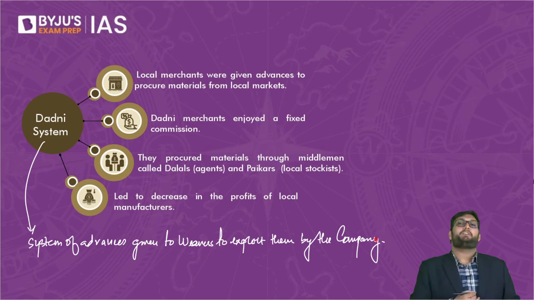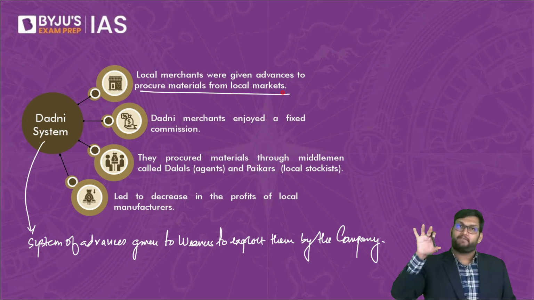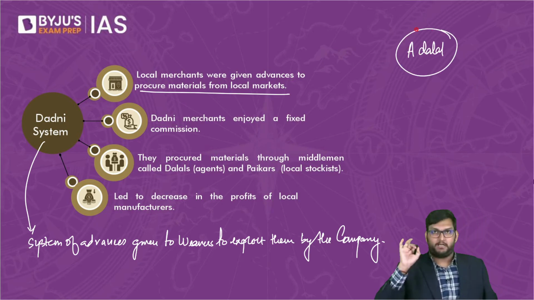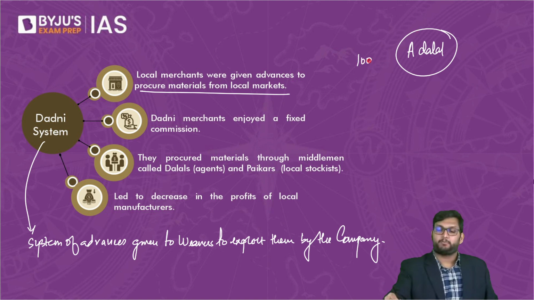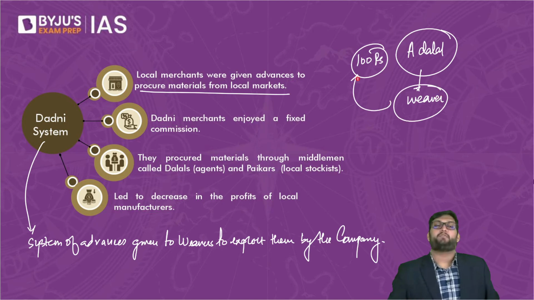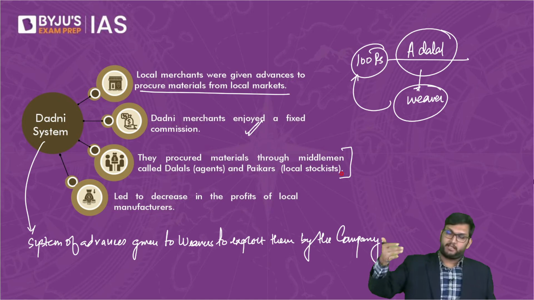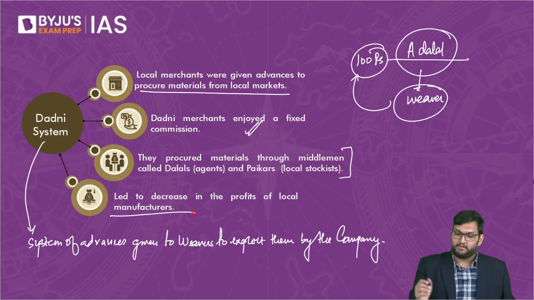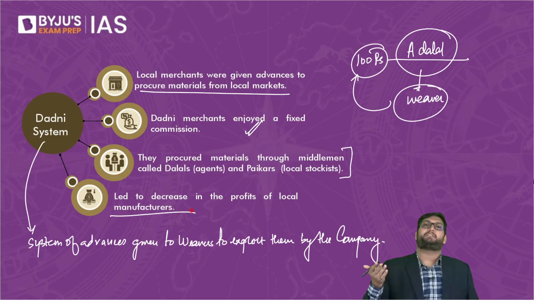So under it, local merchants were given advances to procure material. For example, a dalal is told to give 100 rupees to the weaver and ask him to produce 100 rupees worth of cloth. The Dadni merchants had a fixed commission. They will go and procure the cloth at the cheapest rate possible, and this in turn will also lead to the local manufacturers not getting any profit.